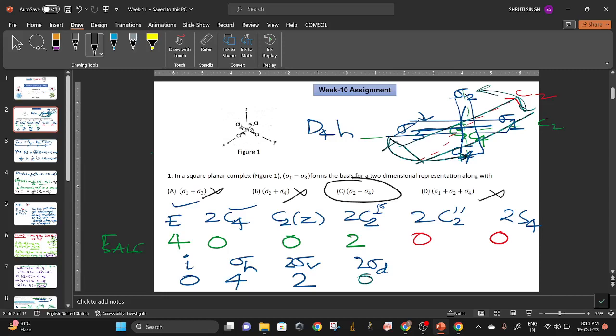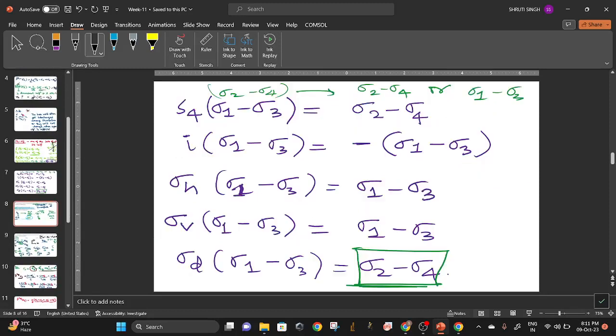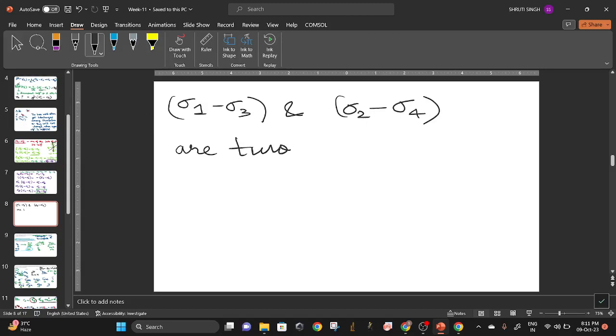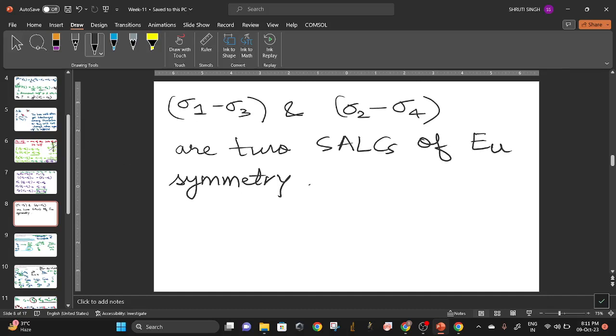So lastly I can write sigma 1 minus sigma 3 and sigma 2 minus sigma 4. These two SALCs are of EU symmetry.